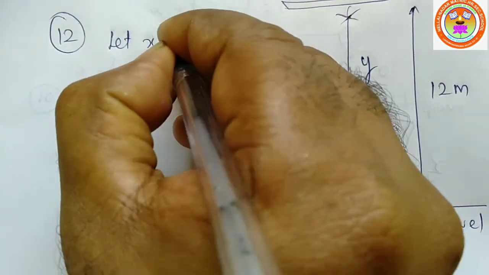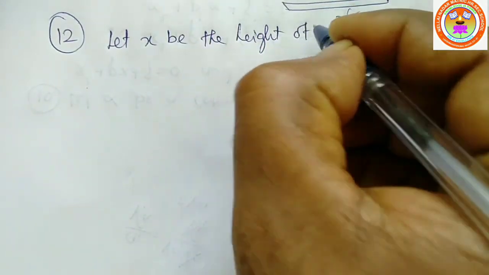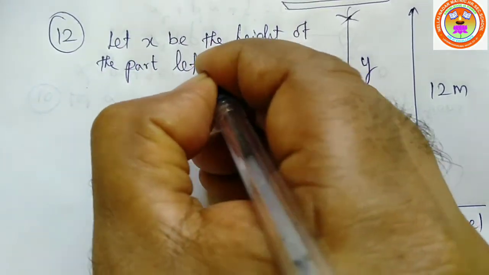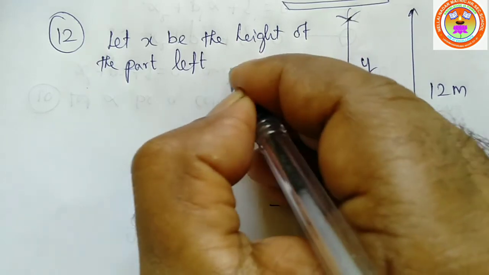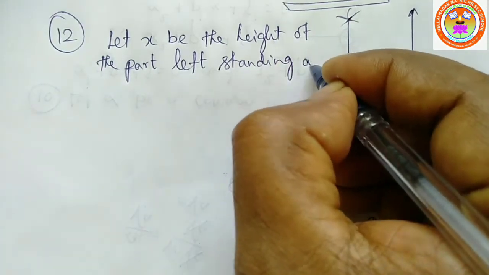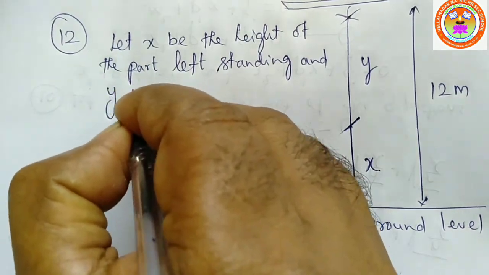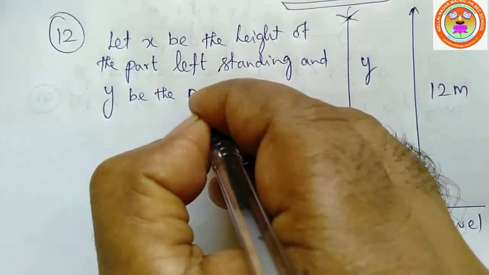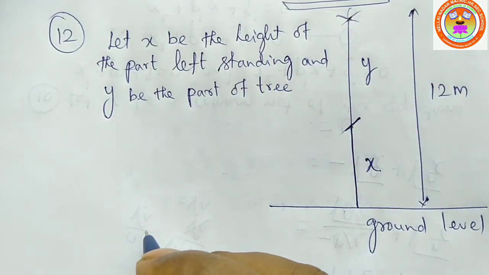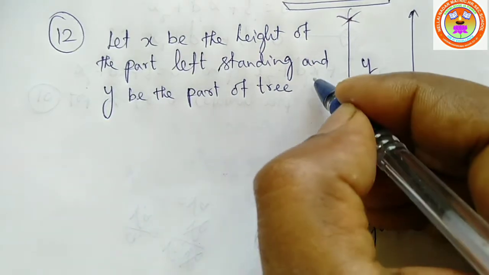Let x be the height of the part left standing, and y be the part of the tree cut away.